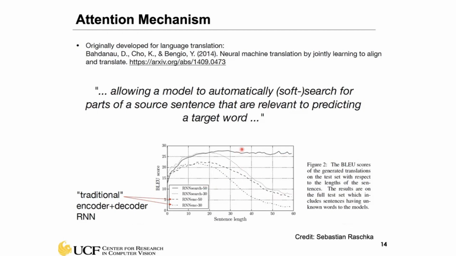But with their proposed technique, searching for the parts most relevant to the word to be predicted, they are able to maintain a very high BLEU score even when the sequence length increases a lot, from maybe 10, 20 going to 60. This demonstrates the effectiveness of the attention mechanism in language translation.